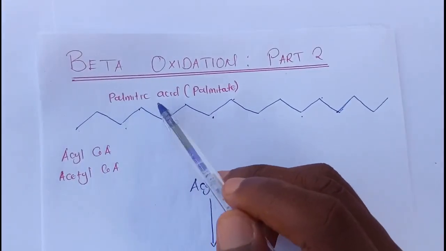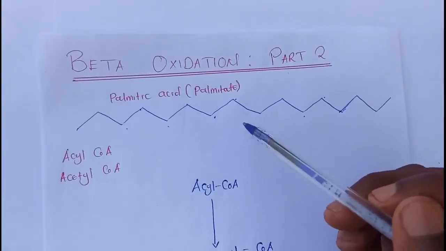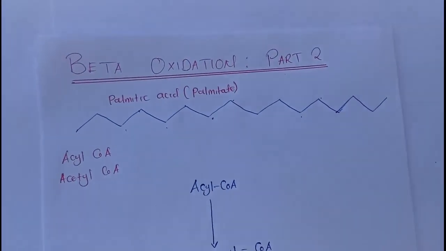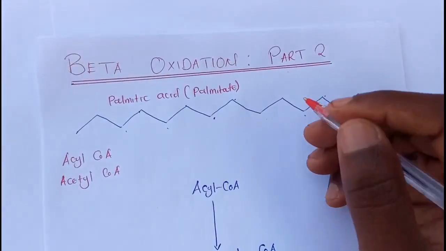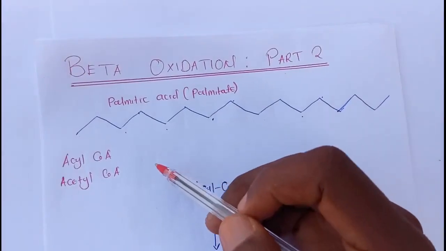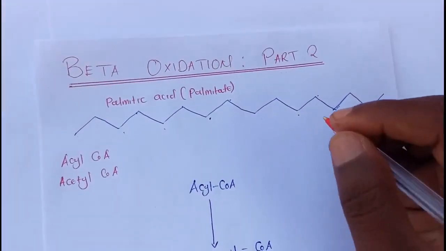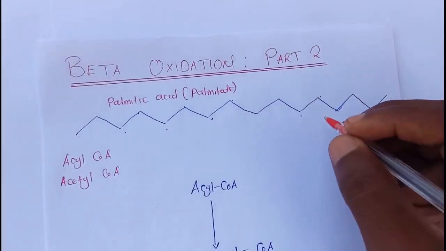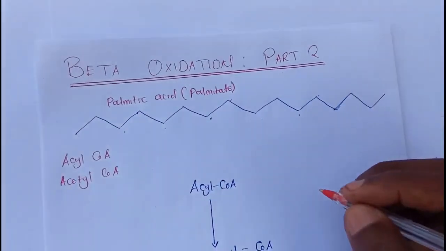Palmitic acid is simply a 16 carbon chain. When this 16 carbon chain reaches the 4th step of beta oxidation, that is why it is known as beta oxidation, because on the beta carbon of the fatty acid chain, that is where cleavage actually occurs.